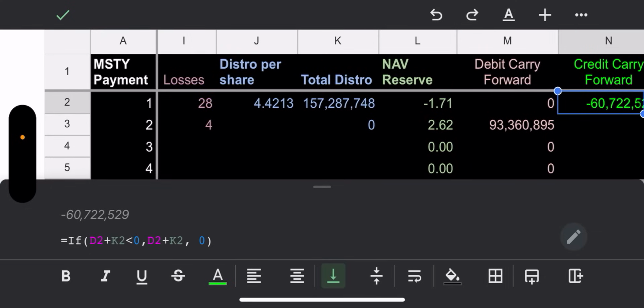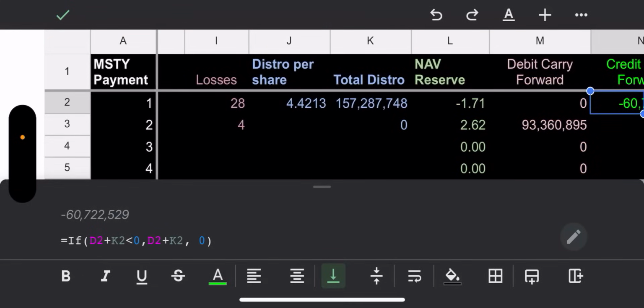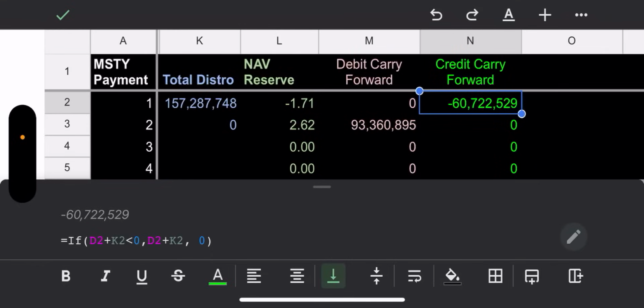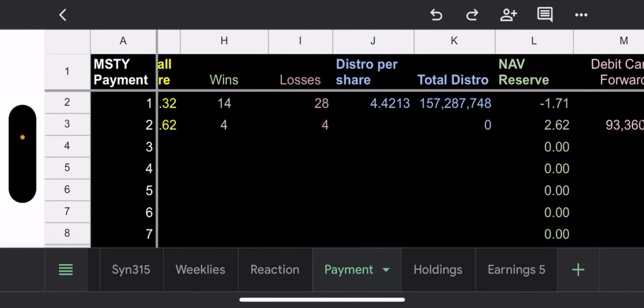So in this example, D2 plus K2 is less than 0, because it created an overall credit. We took that credit and we added it there. So they had a $60 million credit left over. And then obviously the reverse, if it's a positive, then they'll add that debit carried forward over. So again, hopefully that makes sense. The reason I'm doing that is I could see how much money was left over, right?